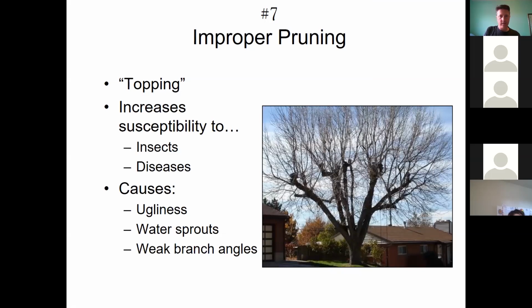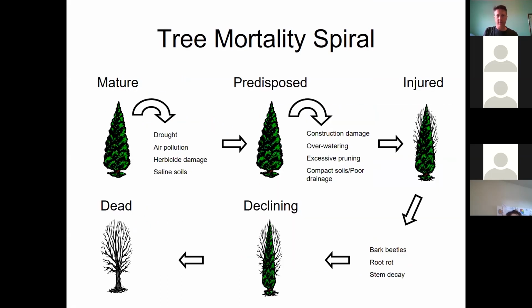Topping trees, improper pruning. I don't need to spend more time on that. This is just a graphic that I made a long time ago, in graduate school actually, that illustrates the mortality spiral that we see with woody plants.